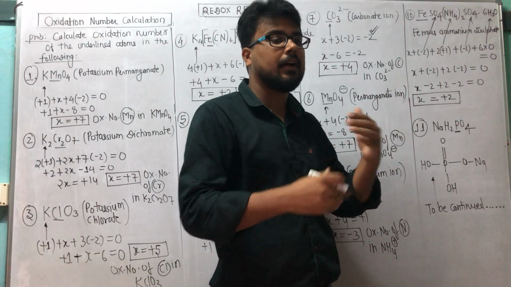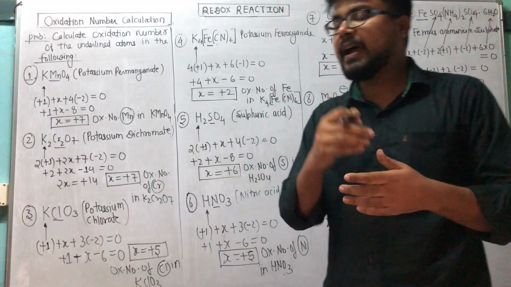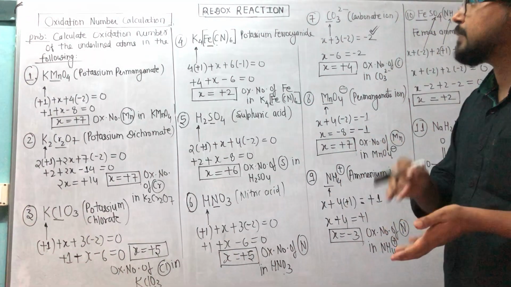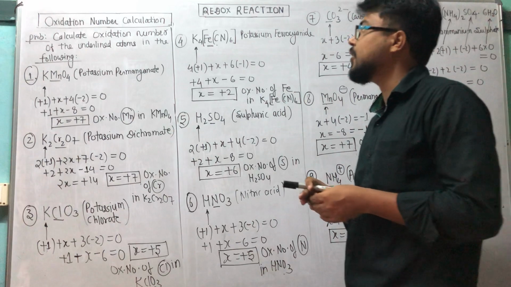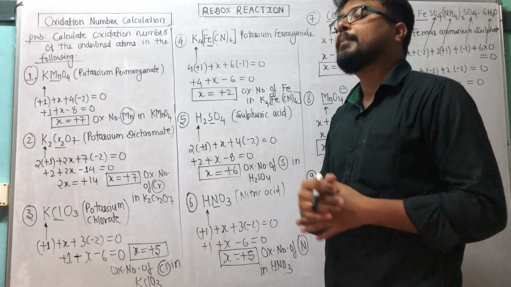So it is a little sequential, so we will go ahead step by step. So we will again meet in my next video lecture, that is part 3 of redox reaction, and topic is oxidation number calculation part 3.